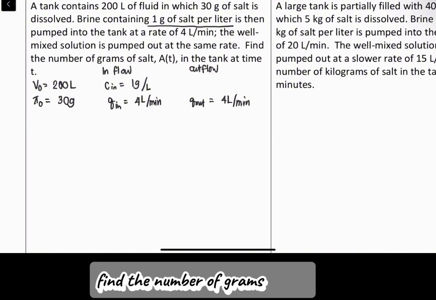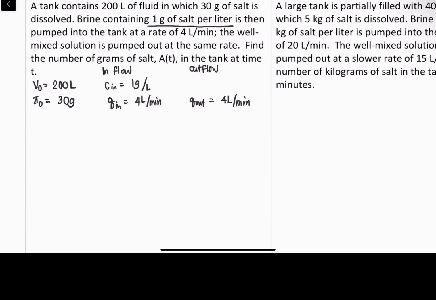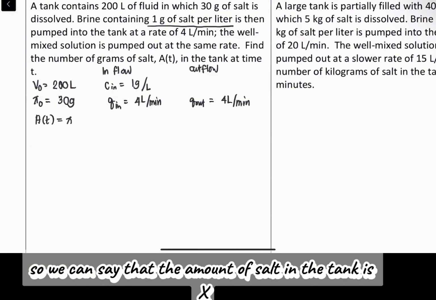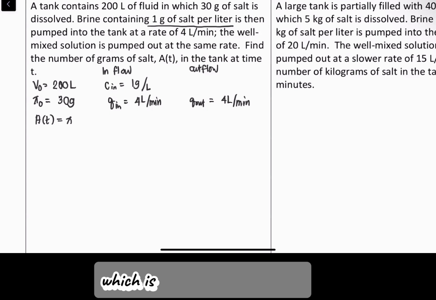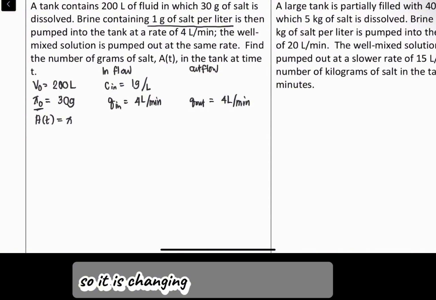Find the number of grams of salt, A of t, in the tank at time t. So we can say that the amount of salt in the tank is X, which is what I have used here. X sub 0 is 30 grams. So it is changing as a function of time.